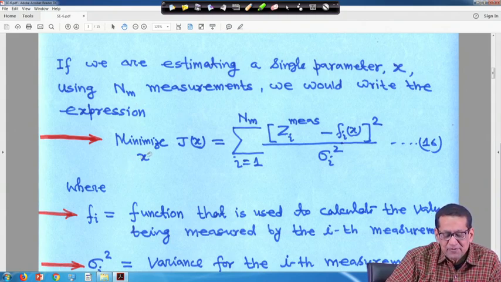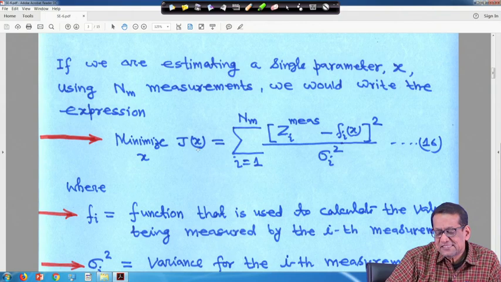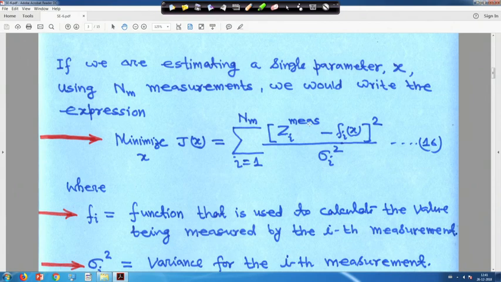So, in that case we have taken this function for a single parameter with nm measurements.